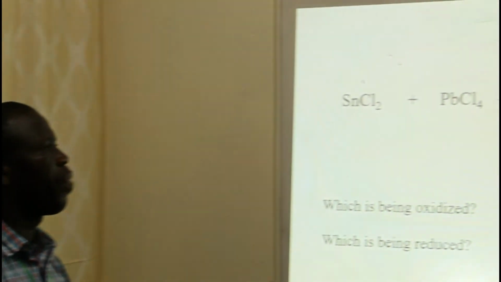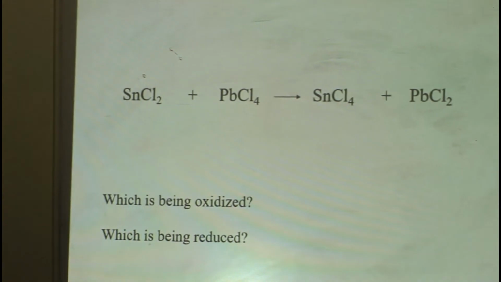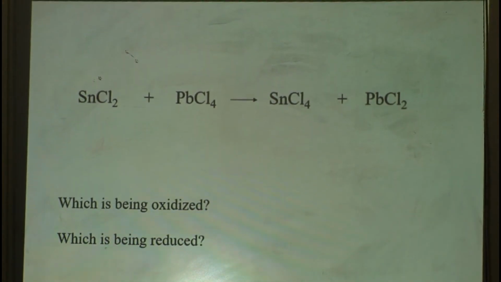Let's see this example. Now you have tin chloride and lead tetrachloride to give you tin tetrachloride plus lead dichloride. Now let's look at the various oxidation states. Which is being oxidized? Which is being reduced?